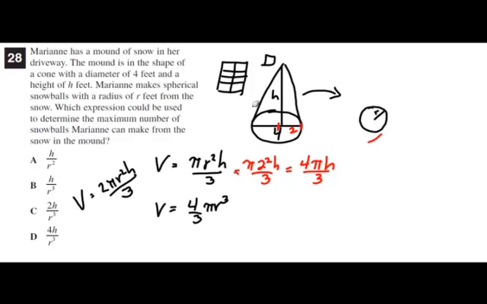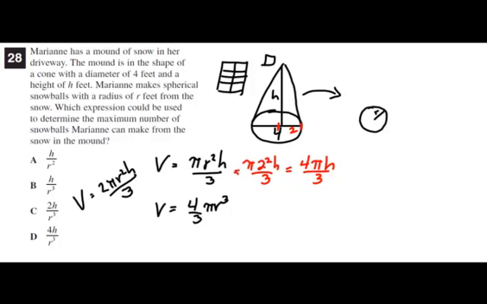Whoop, too big. So now, let's go ahead and divide the formula for the cone divided by the formula for the spheres. And that's how we would get one of these new expressions.